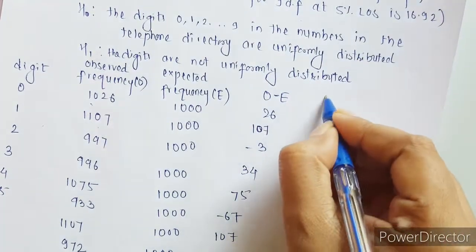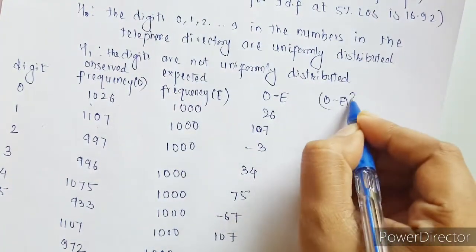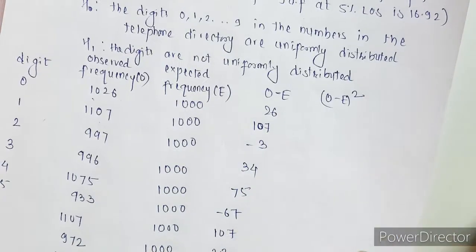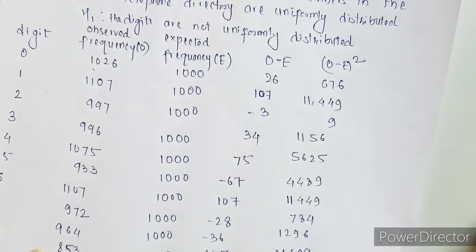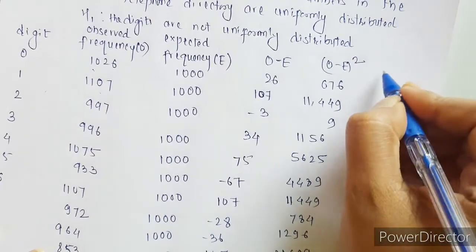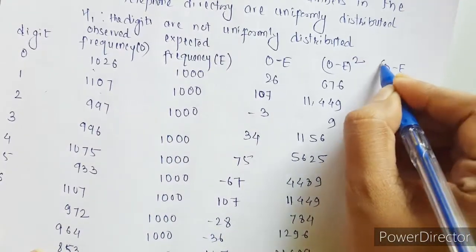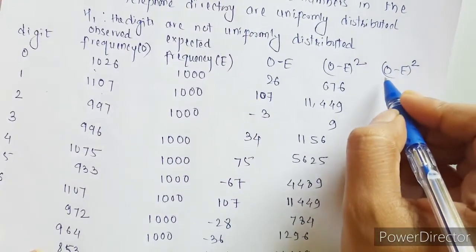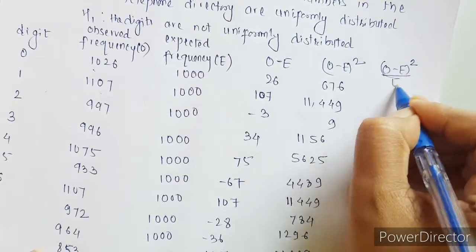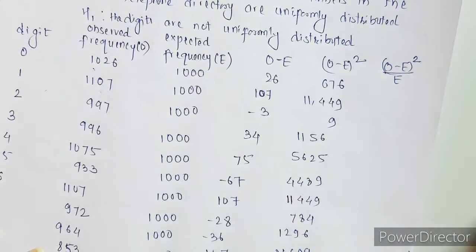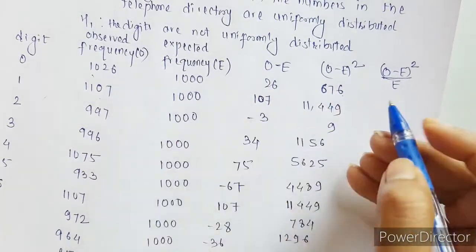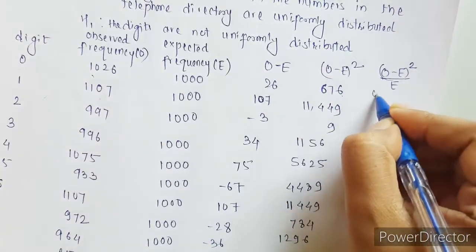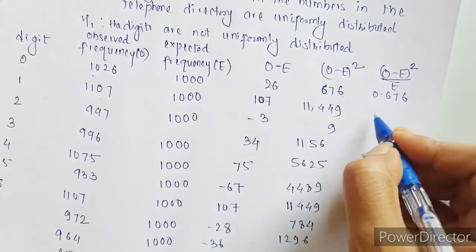Then we need to find the square of this. Let me just calculate this first. So we got the square of this. Then the last thing is we need to find (observed minus expected) square divided by expected frequencies. 676 divided by 1000 will be 0.676.